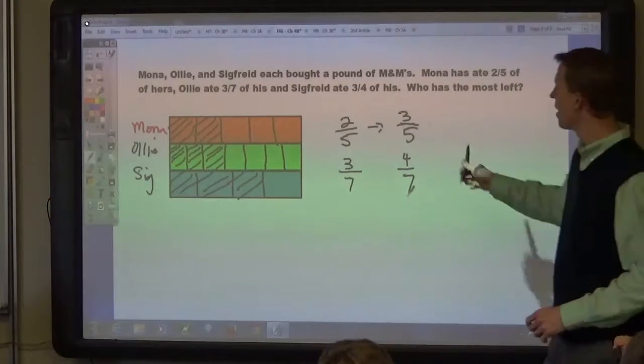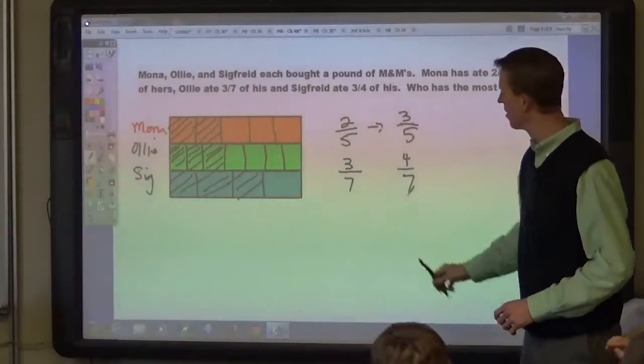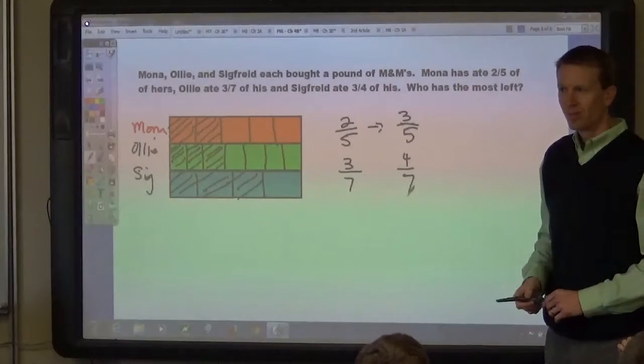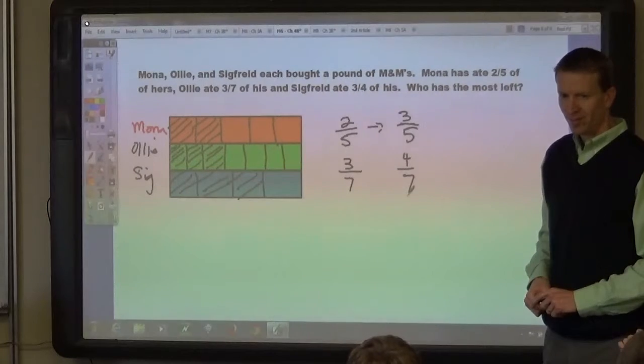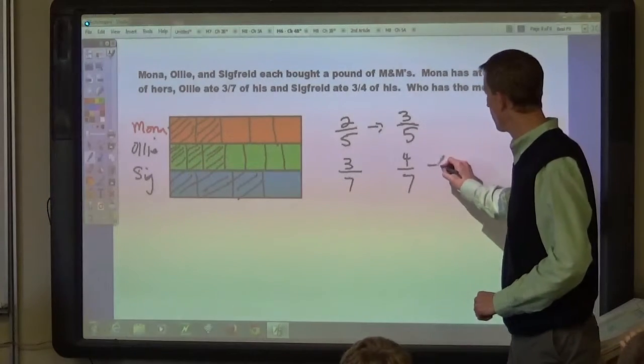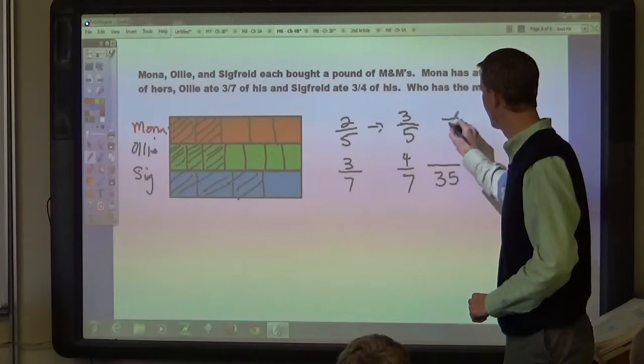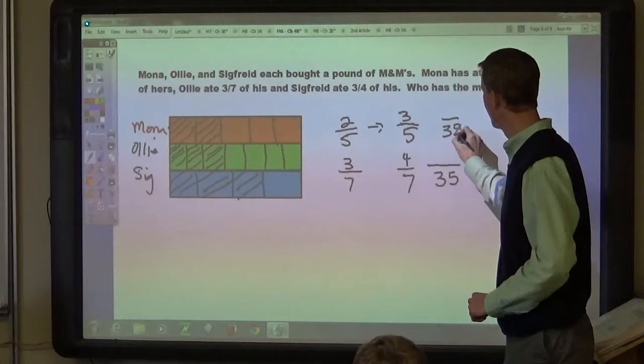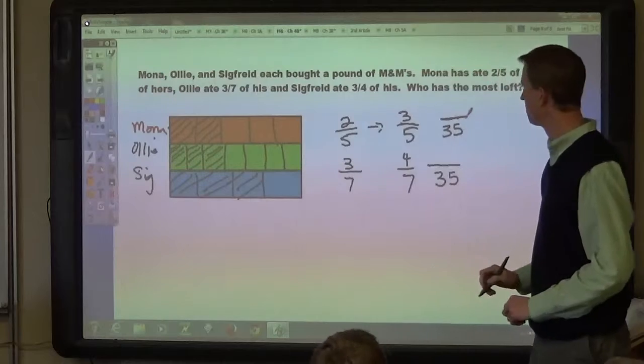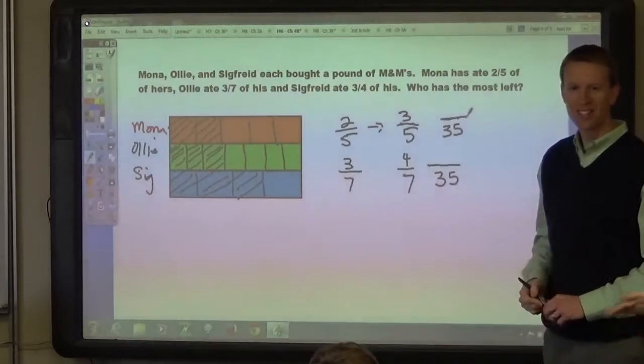So how can we use numbers then to compare these? Hold on. I'm trying to figure this out. What's the common multiple?